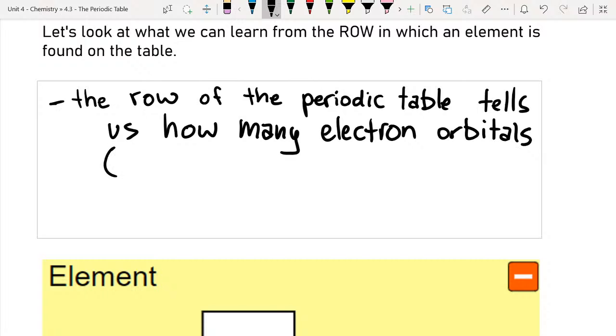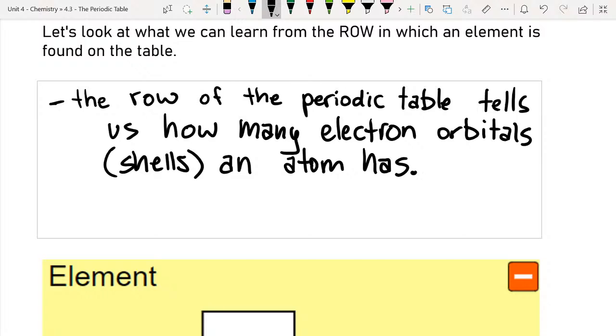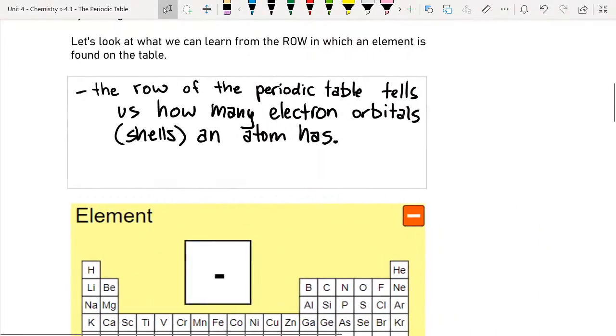And what word do we often use for orbitals? I use it all the time just by habit. Yeah, we often call them orbital shells or electron shells. How many electron orbitals an atom has? All right, that's what we learned from the row number in the periodic table.